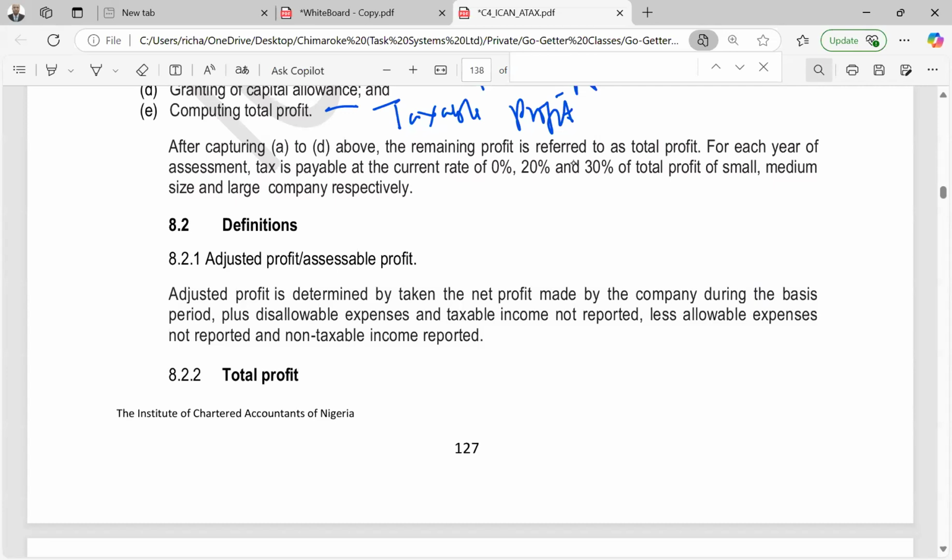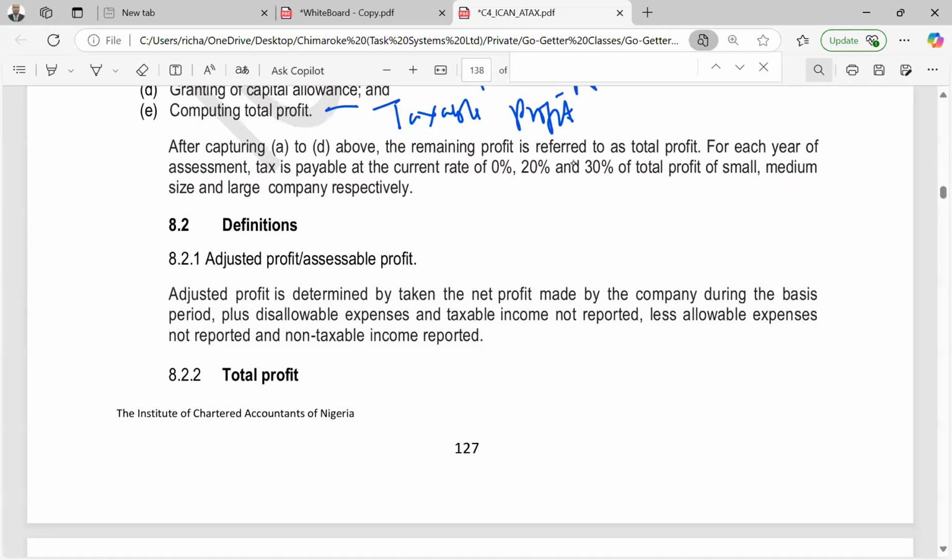Then all the expenses that have been deducted by the financial accountant, not all of them qualify to be deducted. I'll give you one example: depreciation. Depreciation doesn't qualify to be deducted.